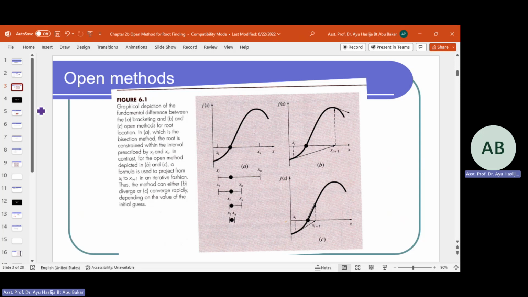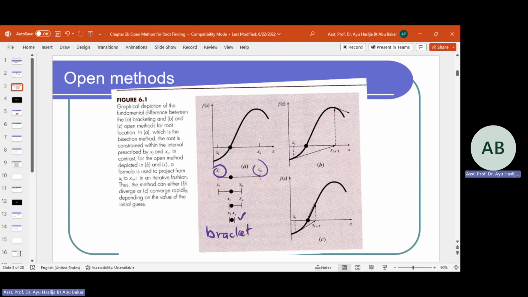Okay, this figure, which is figure A, is from the bracket method last time. As you can see from the figure, in the bracket method, you will have XL and XU. Then to find the XR, we cut into half, until you find the correct value of XR.